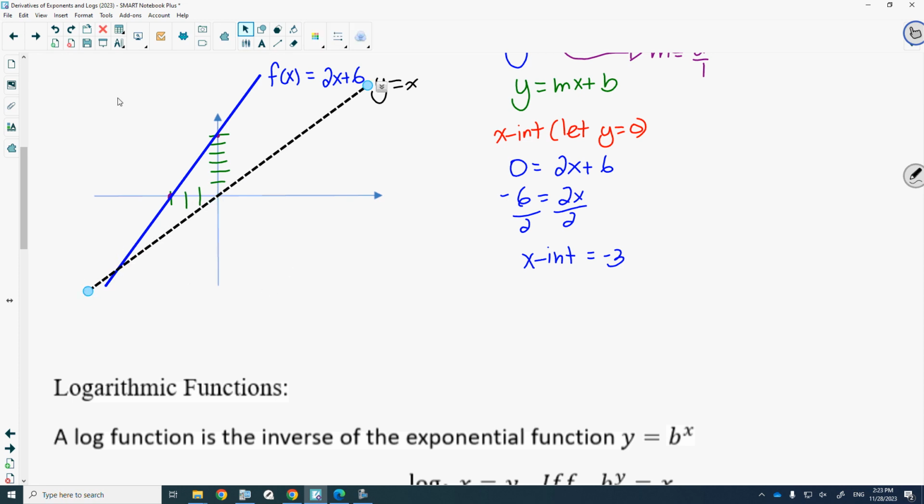Inverse functions, what we did was we interchanged x and y. So this point here is 0, 6. Where this point would be on the inverse graph, 0, 6 would be where? 6, 0. So the inverse of 0, 6 would be 6, 0.